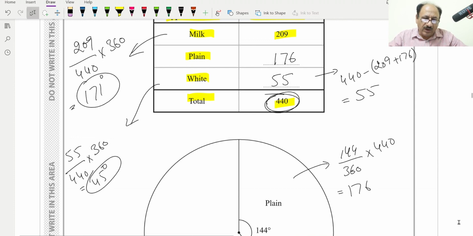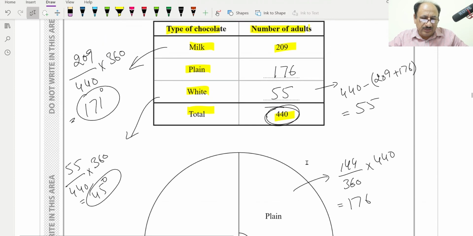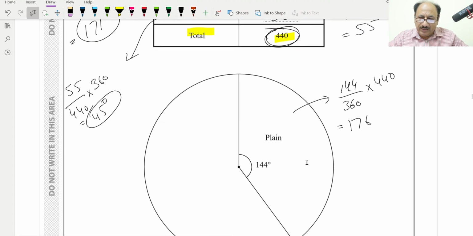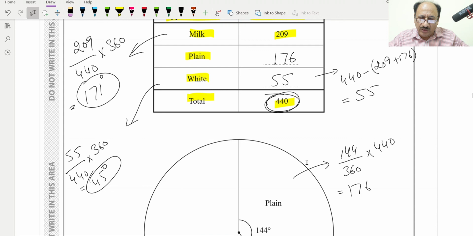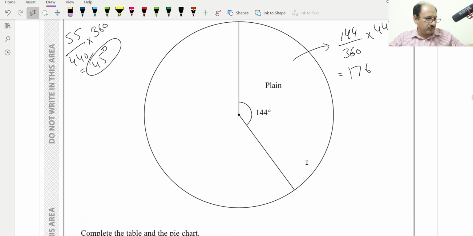So we have to show the angle for white and for this milk category. Plain is there, we have to show white and milk. So 171 and 45, these two angles we have to show.